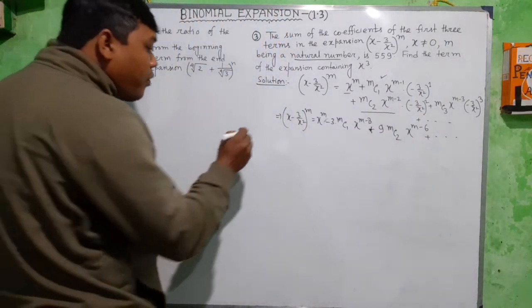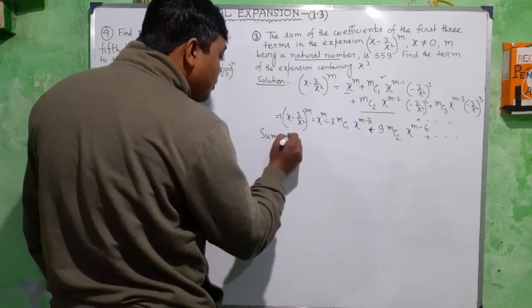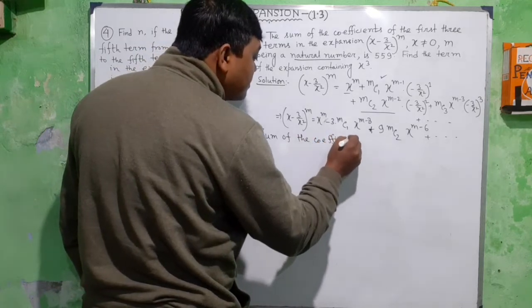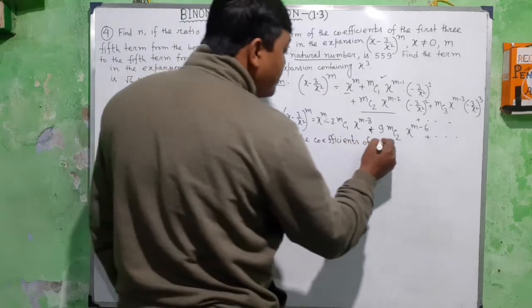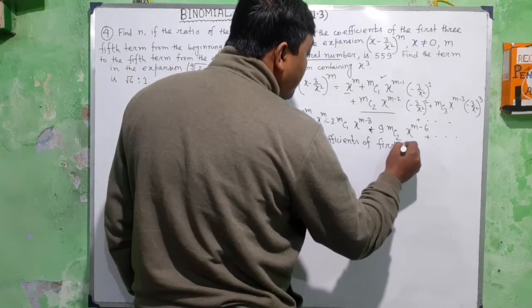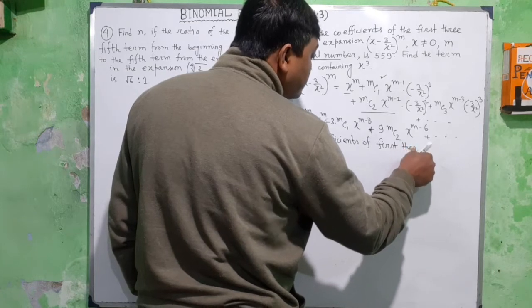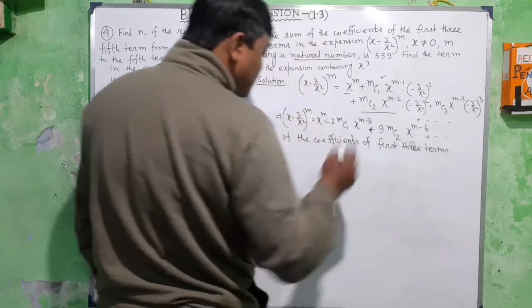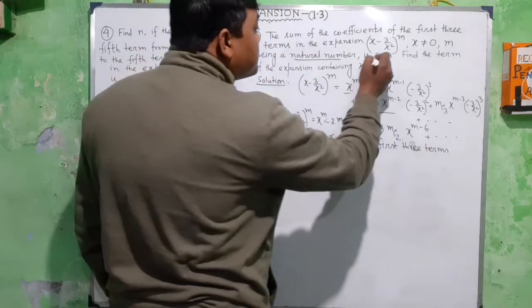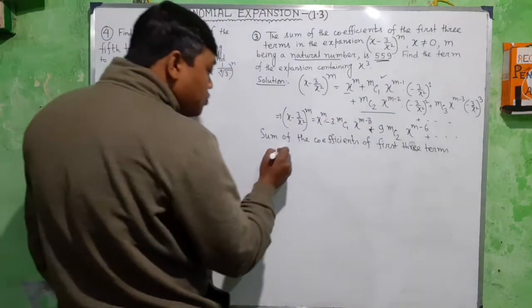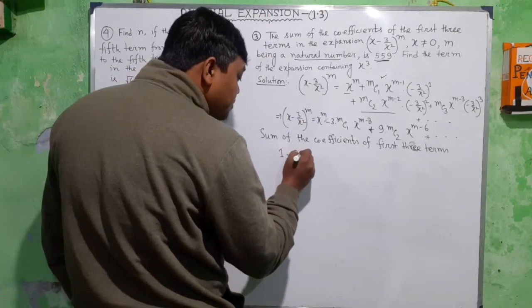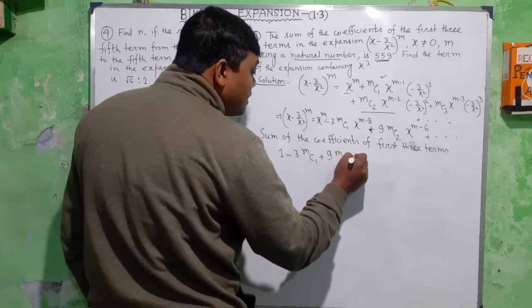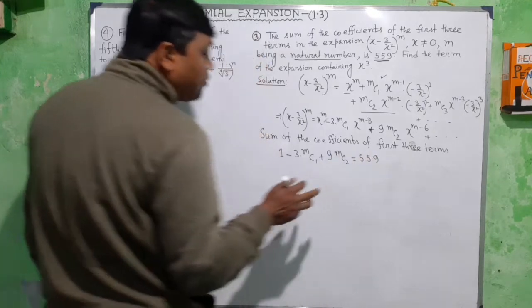So the sum of the coefficients of the first three terms is 559, which equals 1 minus 3 into mC1 plus 9 into mC2 equals 559.